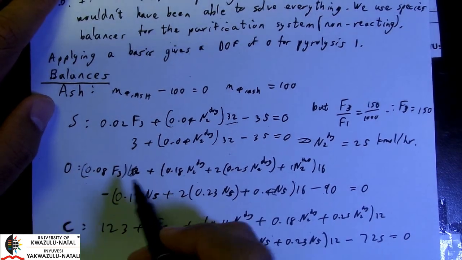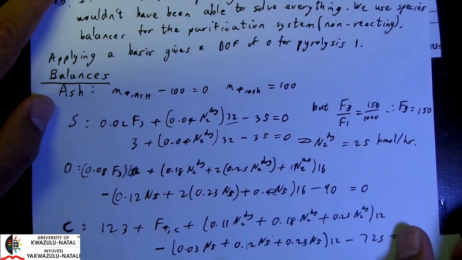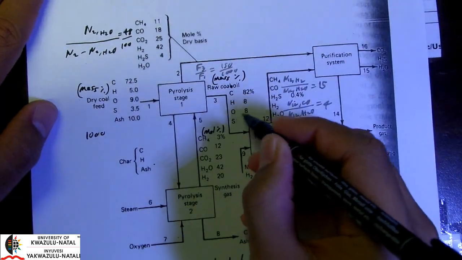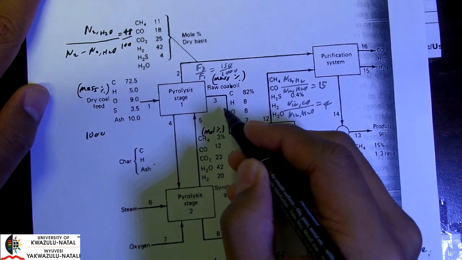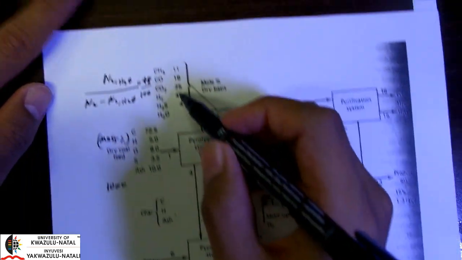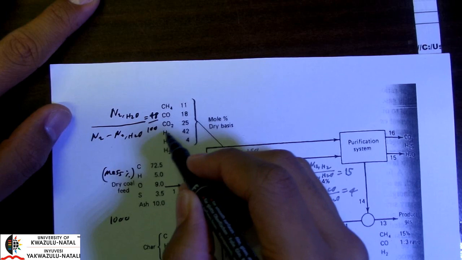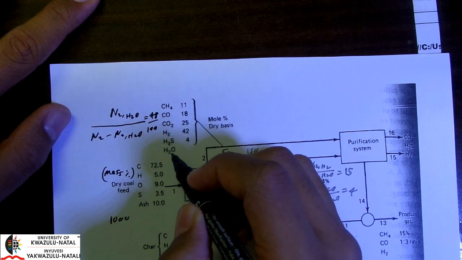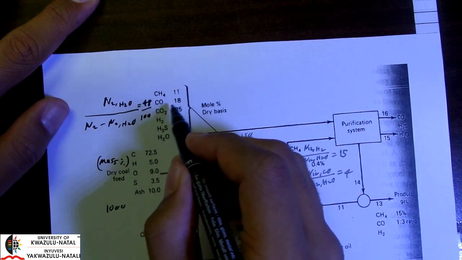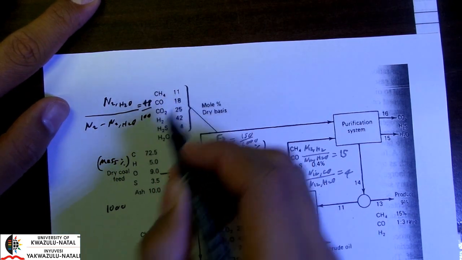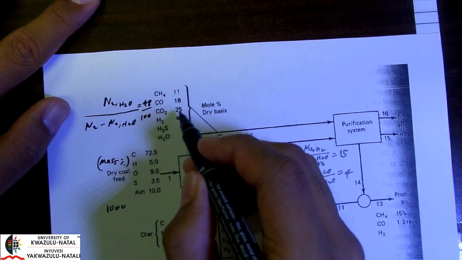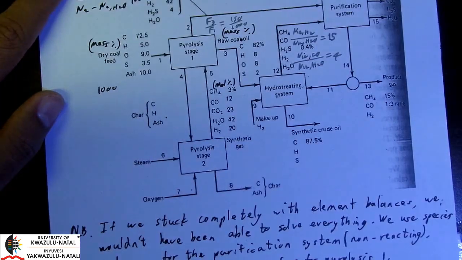Let's look at our oxygen balance. Let's take note of all of our outputs. We have an oxygen output here, so that's 0.08 multiplied by F3. We have oxygen in CO as well as CO2 and H2O. So that's 18% of N2 dry, as well as twice 25% of N2 dry.